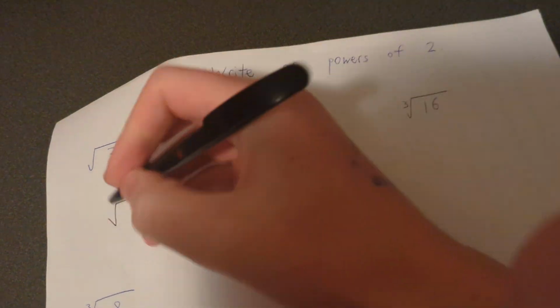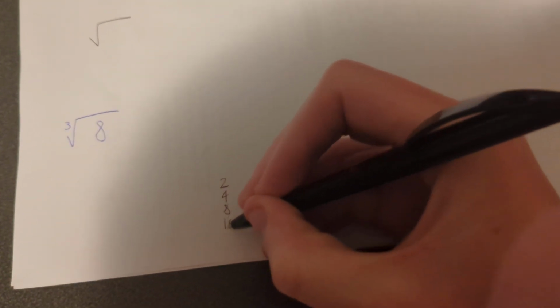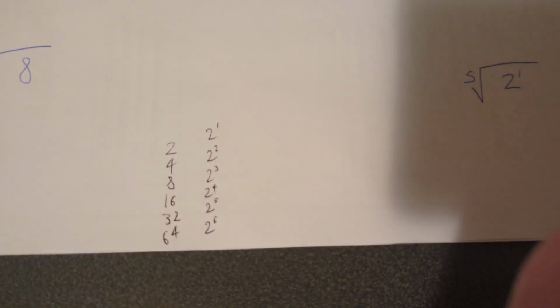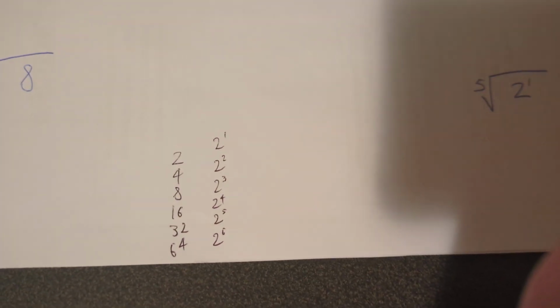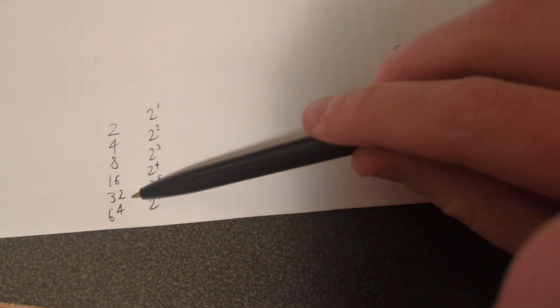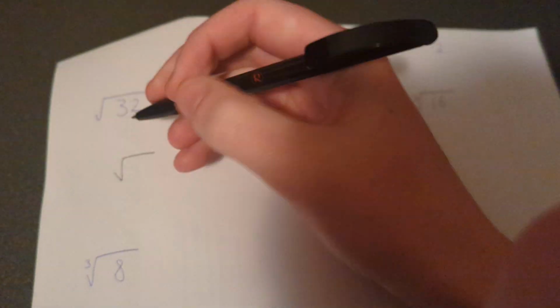If you really want, just write them down here. 2, 4, 8, just keep doubling it. 16, 32, 64. So this is 2 to the 1, 2 to the 2, 2 to the 3, 2 to the 4, 2 to the 5. Might just help. It takes up like 2 centimeters worth of room on your cheat sheet. So we can see here, 32 is 2 to the 5.